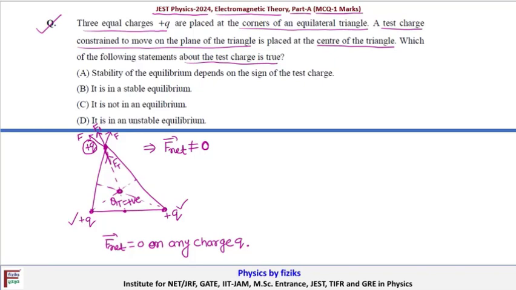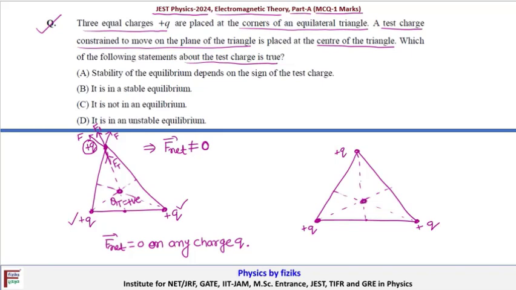So there will be no equilibrium condition. But again consider an equilateral triangle, and let's assume this is the center of the triangle. On this the charge is +Q, this is +Q, this is also +Q.